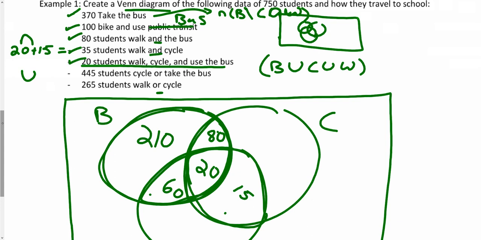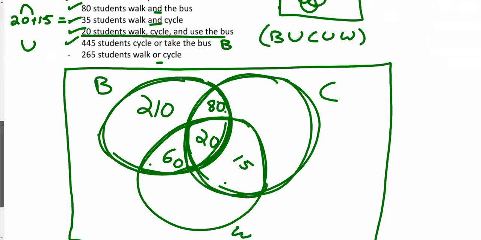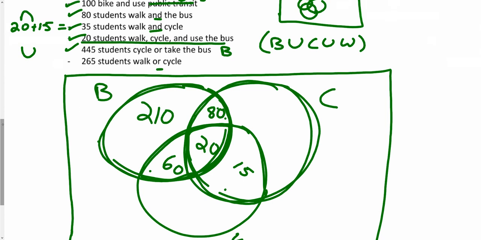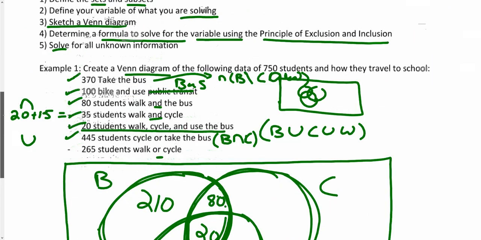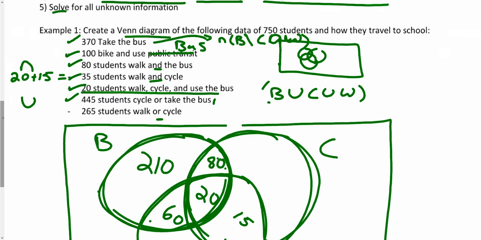445 students cycle or take the bus. So that means all of this here plus all of this here, because it's or. Oh, sorry, that should be bus and cycle.